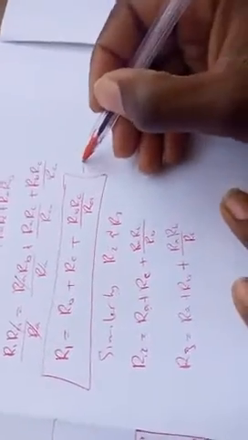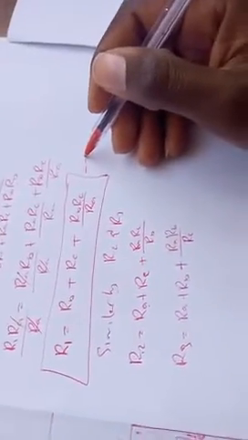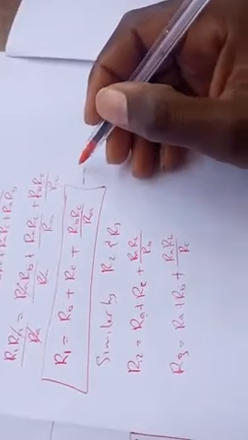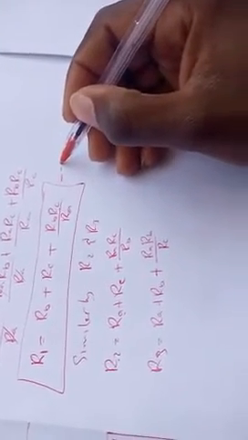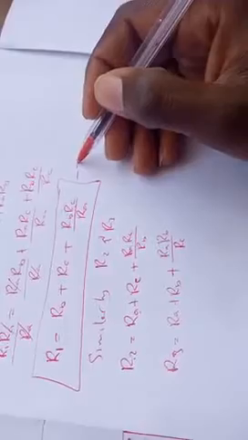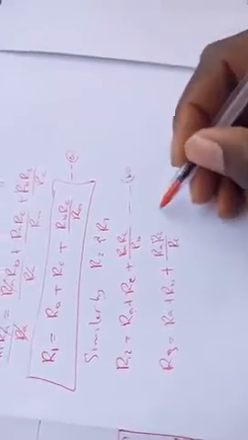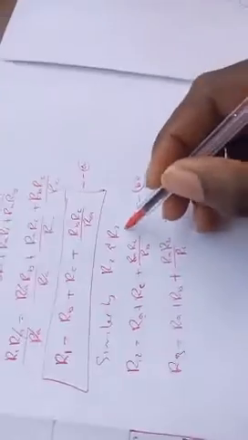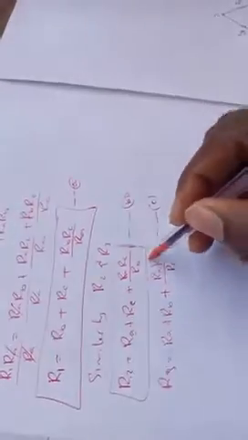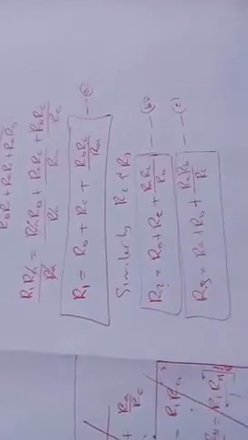So this is your equation A, this is equation B, this is equation C. So these are the delta resistors R1, R2, R3.